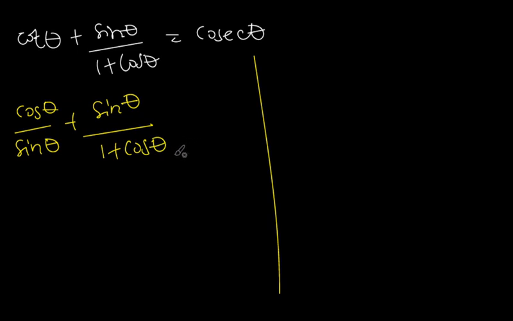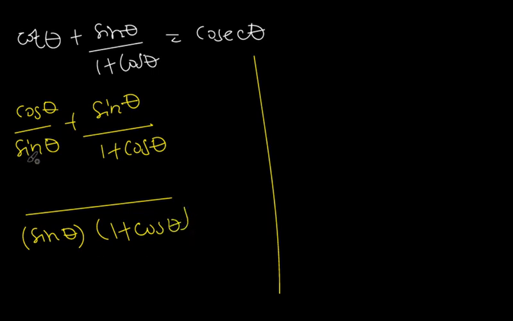If this holds true, then we just find the LCM from here, which will be sine theta, then 1 plus cos theta. Then sine theta will come here and cancel this, and we are left with this. So we have this multiplying this, so we have cos theta into bracket 1 plus cos theta. Then we have this coming here to cancel this, then sine theta times sine theta gives plus sine squared theta.